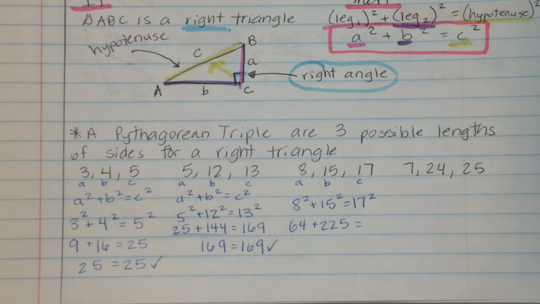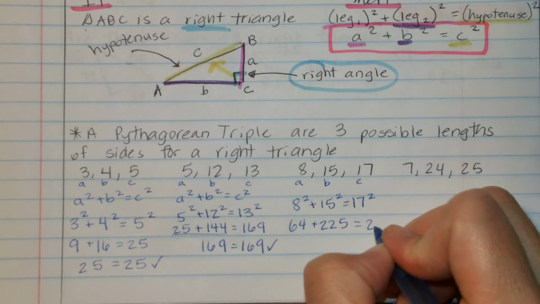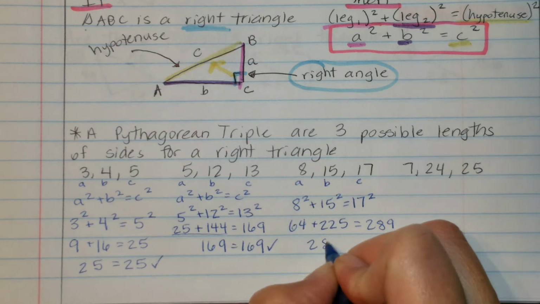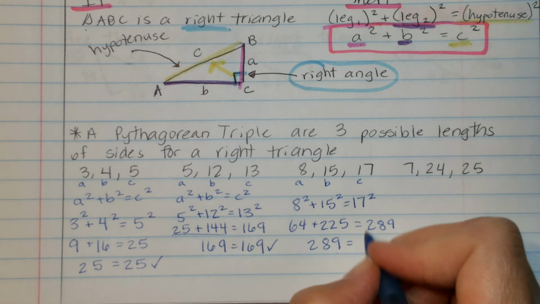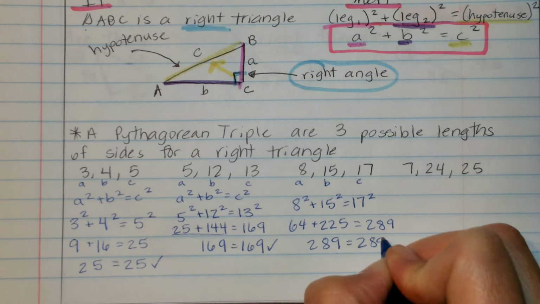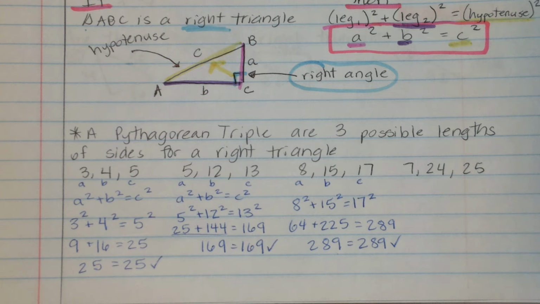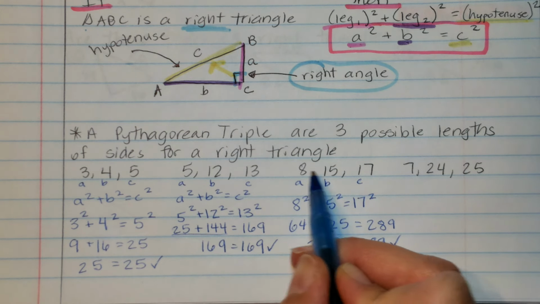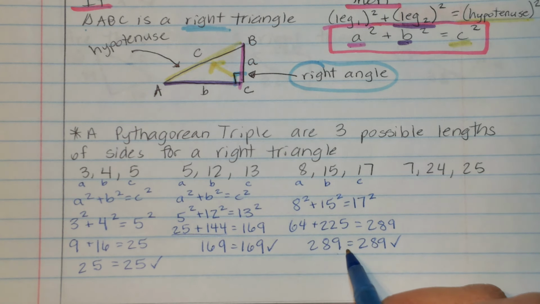It's 225, and then 17 squared is 17 times 17, 289. And then I'm going to add together 64 plus 225. So I hope you guys are doing the calculations too, because you really do need to practice. So that works out too. So these are all working out with the Pythagorean theorem. Again, if these were not possible side lengths for a right triangle, this would not be equal.